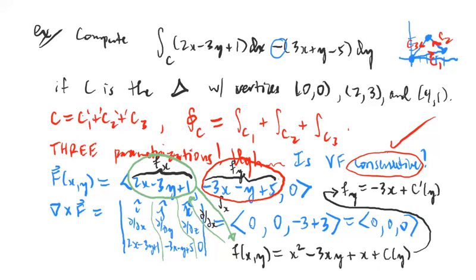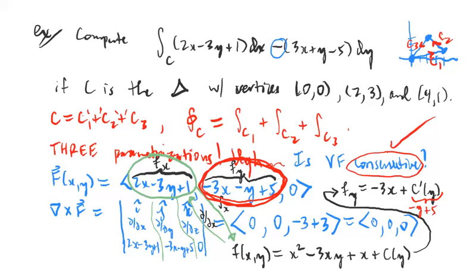So what does that tell you? If you look at this thing over here and this thing that we just came up with, what does c prime of y have to equal? Negative y plus 5. It's got to be all that other junk.